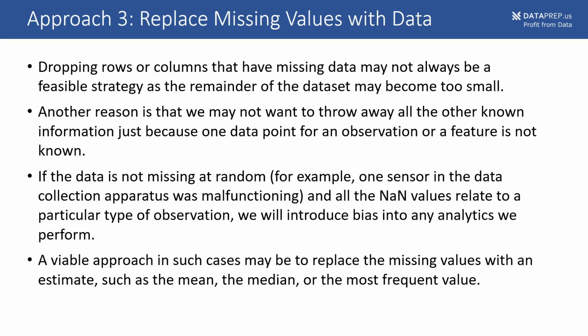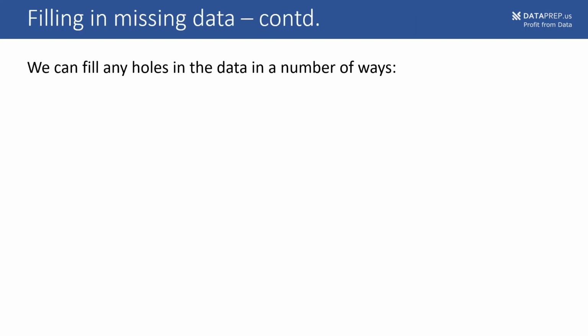If the data is not missing at random, then you might be able to replace the missing values with some other estimate. For example, the mean, the median, or in the case of categorical variables, you might be able to replace it with the most frequent value. And that generally is a pretty good approach that works reasonably well.